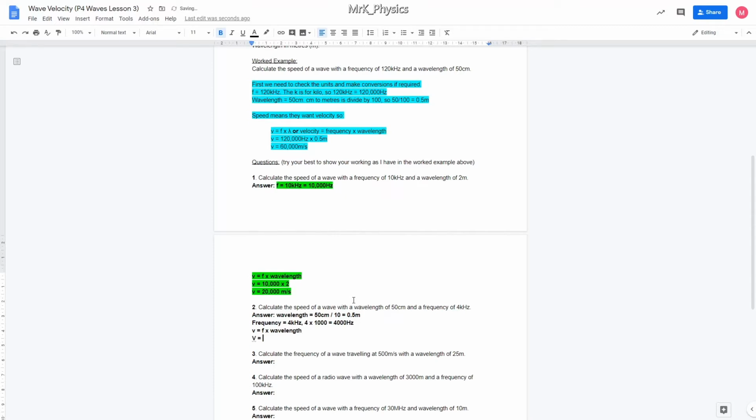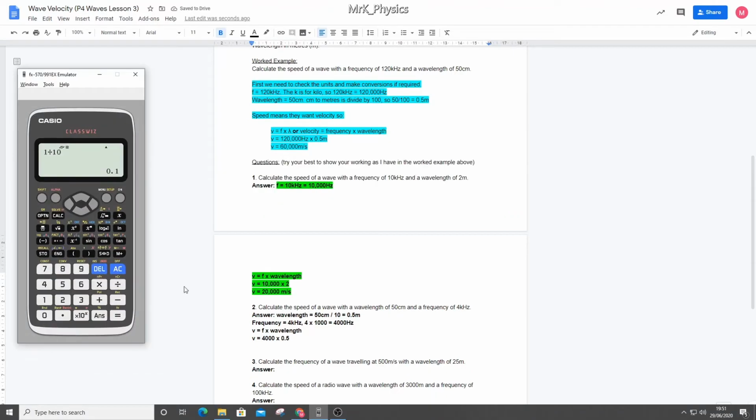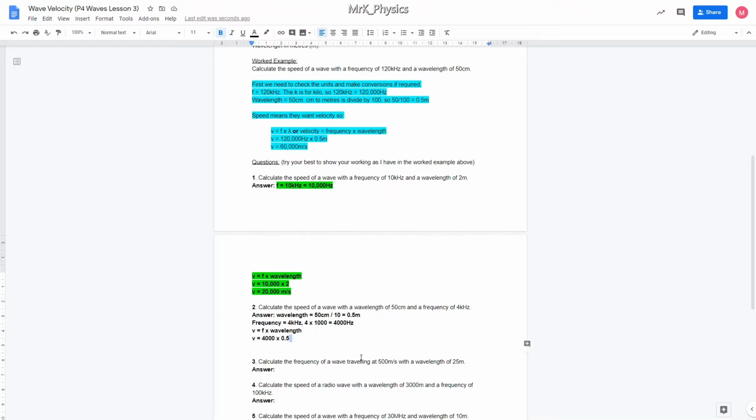So V is going to be equal to 4,000 hertz times by 0.5 meters. Now I like using this trusty calculator, so 4,000 times by 0.5, we've got 2,000, so our final answer V equals 2,000, because everything is in standard units, meters per second.